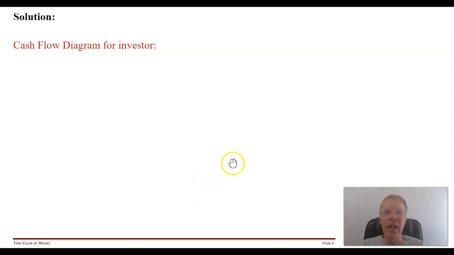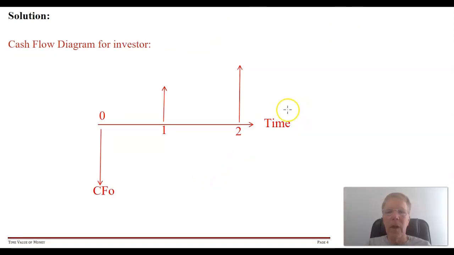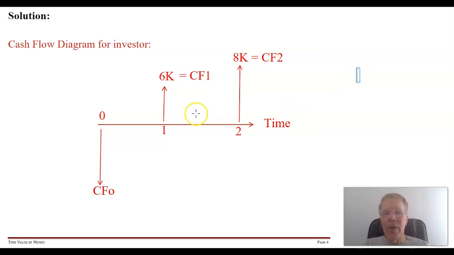First of all, let's make a cash flow diagram for the investor. So we've got time on the x-axis. We have our CF0, the amount that's going to have to be invested at time 0 to grow into 6K after 1 year and 8K after 2 years. And we could call this CF1 and this CF2.